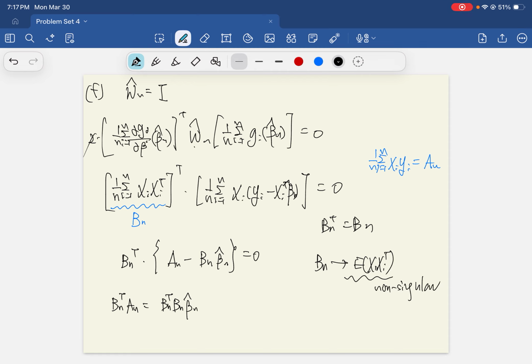So we can just invert. We multiply b_n inverse on both sides, then you cancel out this and this. Then multiply b_n inverse again, and you will get b_n inverse times a_n.